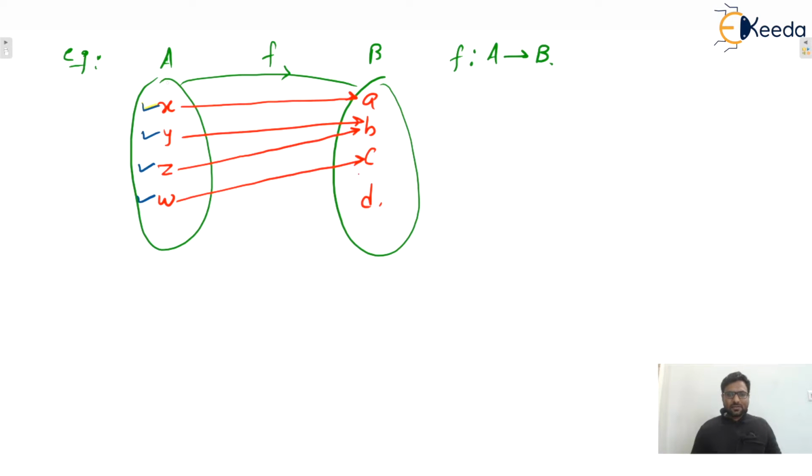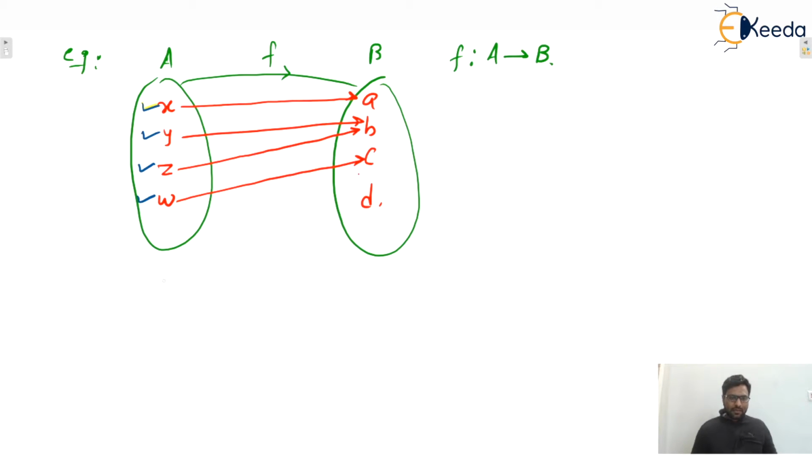For example, x is associated with only one element a, y with only one element b, z with only one element b, and w with only one element c. That means no element in set A should be associated with more than one element in set B. That is not allowed.